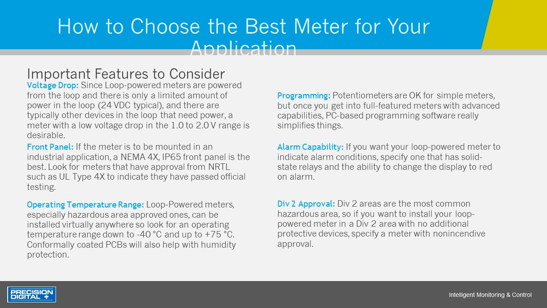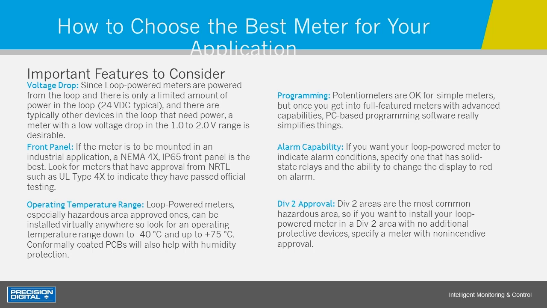In addition, you can get solid-state relays on our product. So you can use those relays to send signals to other devices, to trigger intermediary relays, to turn on pumps, to have sirens or horns or light stacks. In fact, the Loop Leader can even have a 4 to 20 milliamp output and act as a signal isolator if you want to send that 4 to 20 milliamp with isolation off to another device so that it can do some controlling and monitoring.